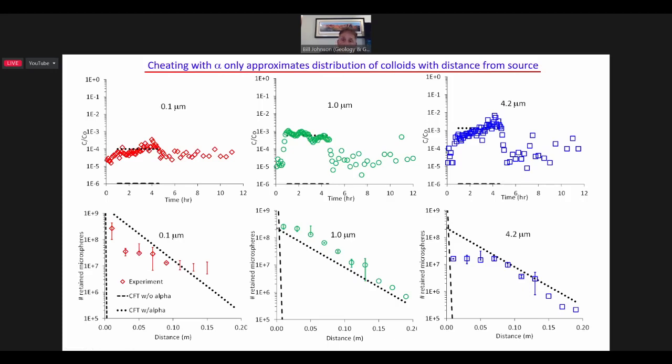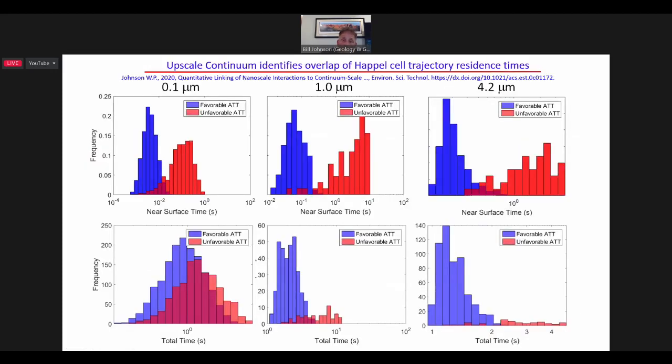So we instead turn to this idea of a fast attaching and slow attaching population, running pore scale simulations to look at those two populations and their residence times before attachment in those simulations. We had to assume a certain surface coverage by heterodomains. I won't go into detail on that, but that's the only assumption we had to make.